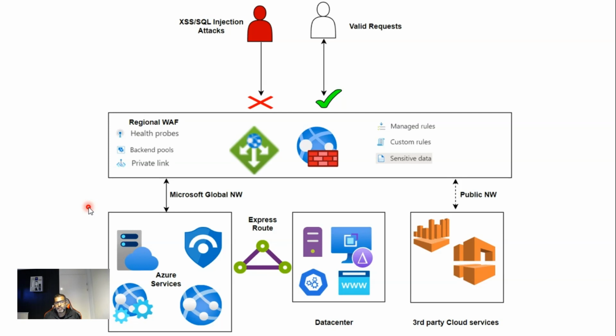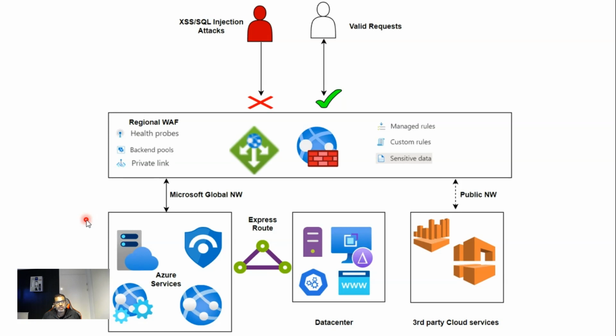You can have the high availability and a lot of things when you are integrating with the web application firewall. So usually the recommended way is to have a version 2 of application gateway, and then you integrate that with the web application firewall.